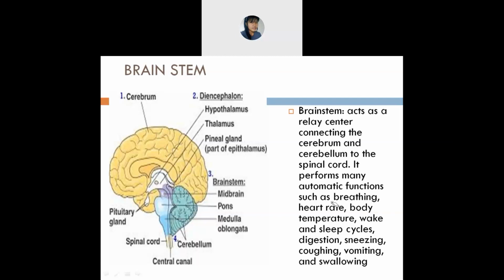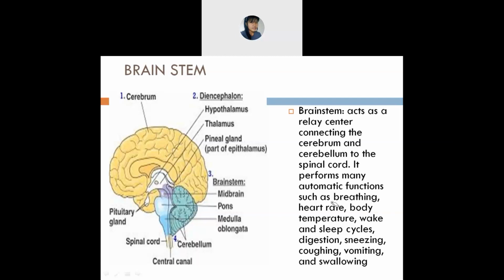And heart rate, like your cardiovascular system, works automatically because of the brainstem. Then body temperature, you can't control it, and the wake and sleep cycle, all this also you can't control. It just happens. And digestion, like your gastrointestinal tract.